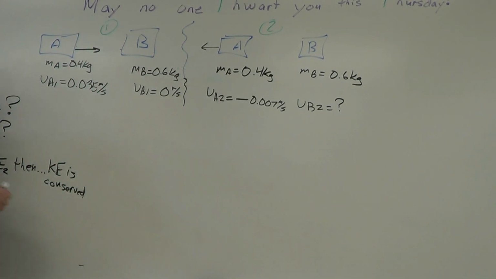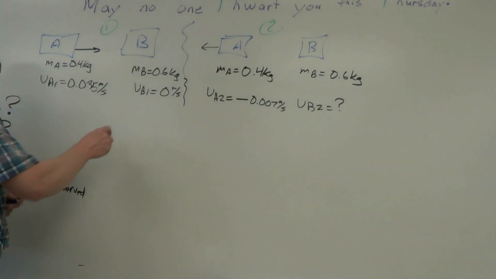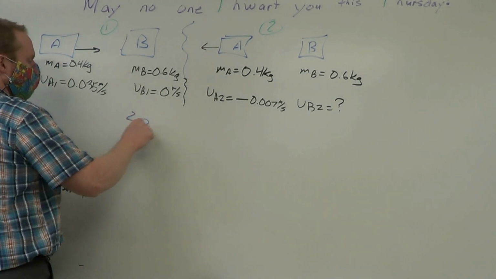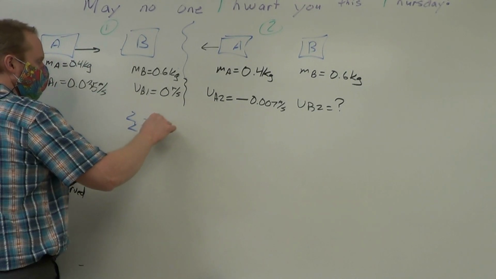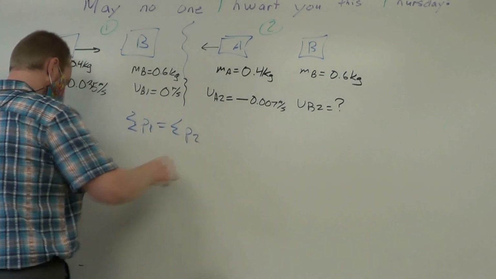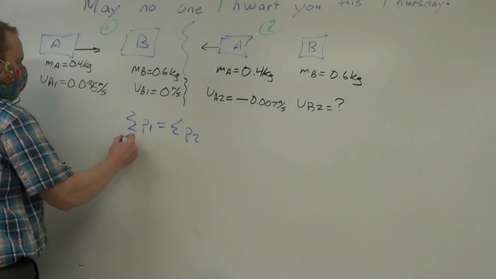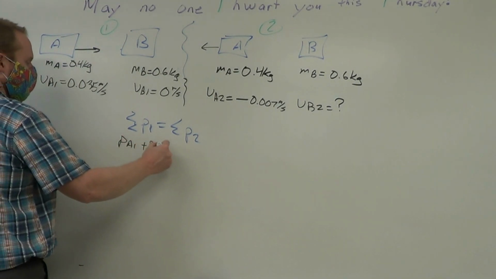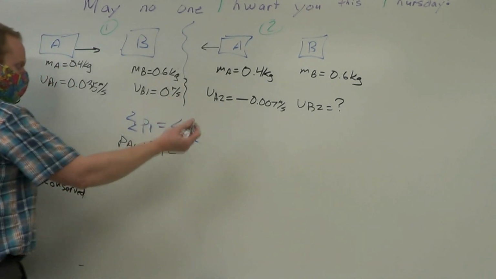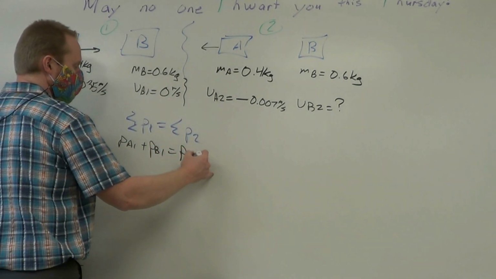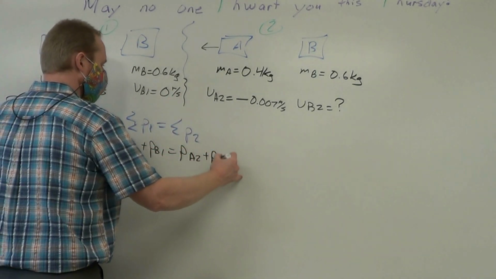I'm going to go relatively fast through the conservation of momentum calculation, so if there's something you don't get, just speak up. It's a sum of all my momentum before is equal to the sum of all my momentum after. We start with two objects, so I need to have two momentums before, and I end up with two objects, so I need to have two momentums after.